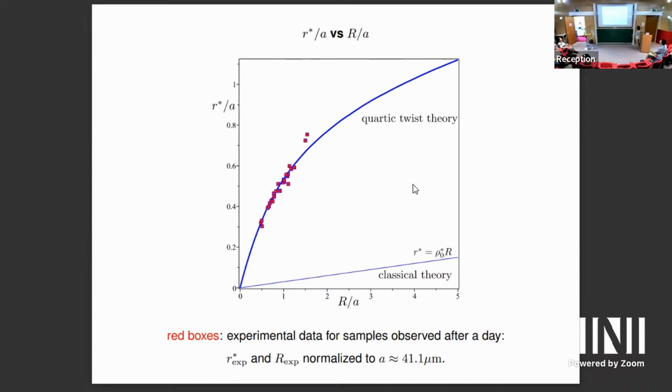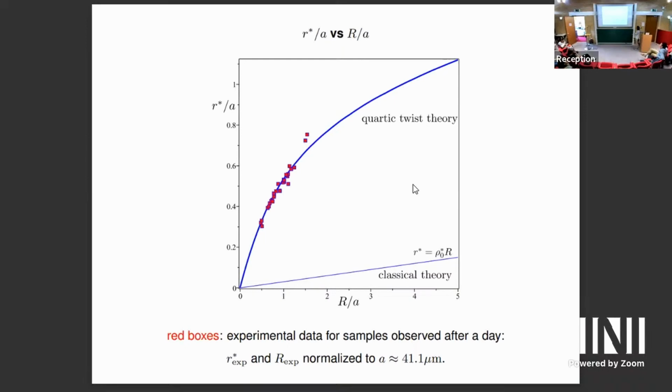We see that the classical theory predicts a linear profile, whose slope is given by R star over R, and so it depends only on the elastic anisotropy, and so on the relation between K11 and K22 and K24. But in the quadratic theory, we predict a nonlinear dependence of R star as a function of R.